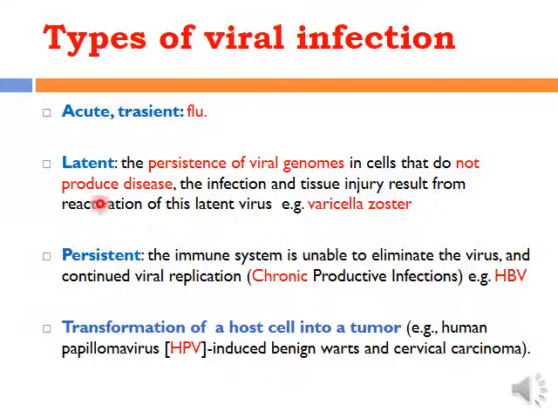Another pattern is persistent infection. The best example here is when hepatitis B virus infects the liver. It produces disease over a long period of time that takes years, sometimes extending to a lifetime. This produces chronic inflammation in the liver, resulting in regenerative nodules and fibrosis, and in the end liver cirrhosis.